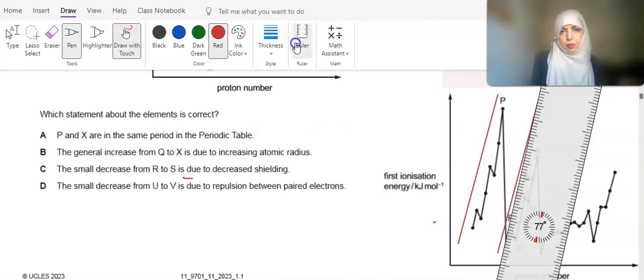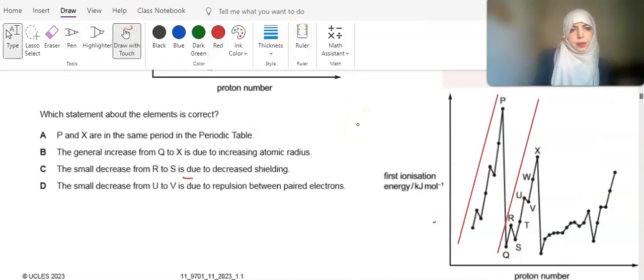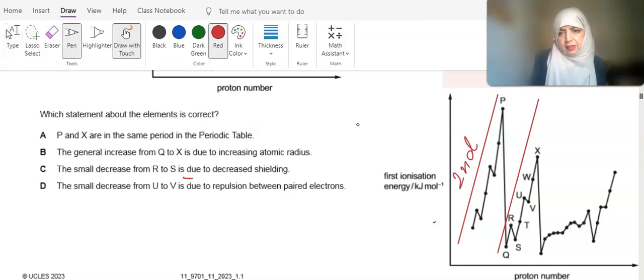Okay, now P and X are in the same period? You can see P is in a different period and X is in a different period. So the first period consists of hydrogen and helium, so this one is the second period and this one is the third period. Okay, this statement is wrong.